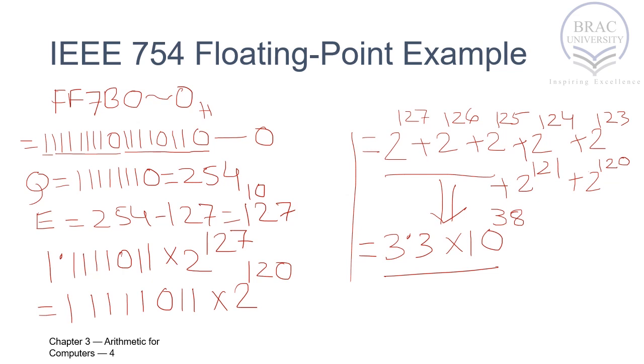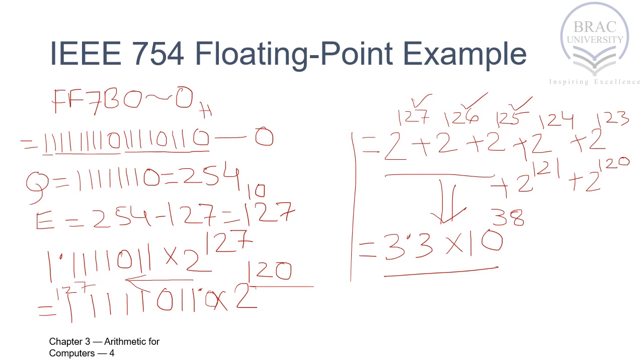Now how did I find these values, these powers? See, we have 120 as the exponent here. So if we come this side, then this would be bit 127, because this is in the positive direction. In the positive end, the bit position starts from 0, so this is 0 1 2 3 4 5 6 7.